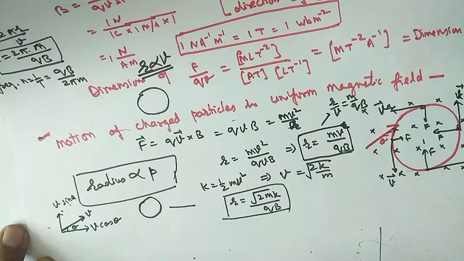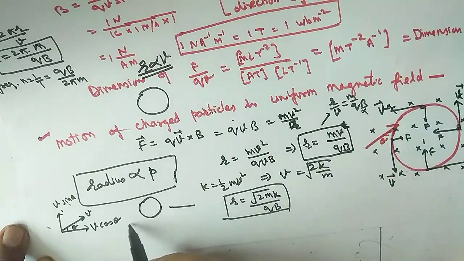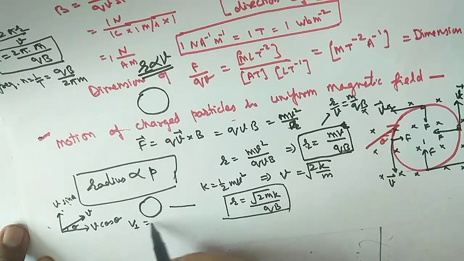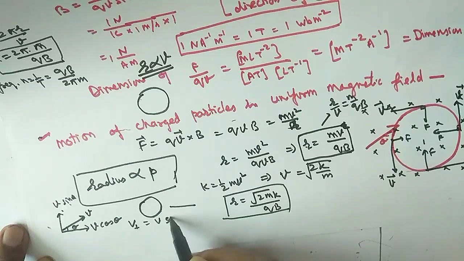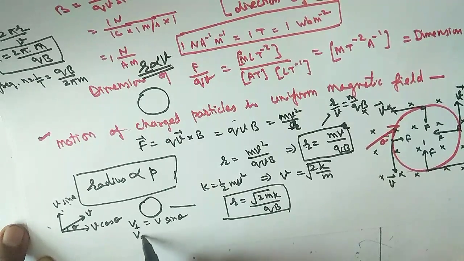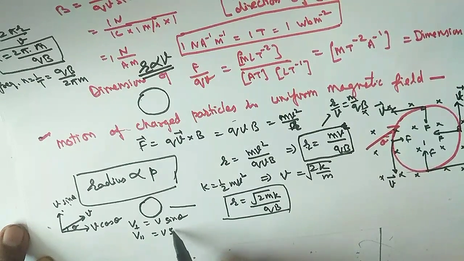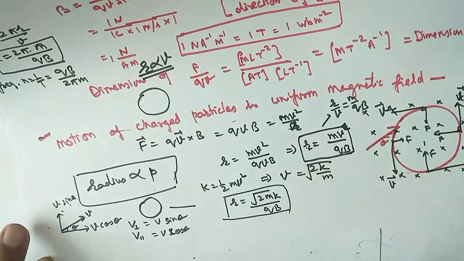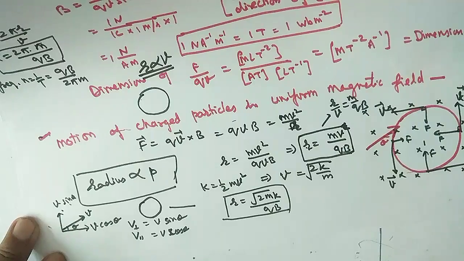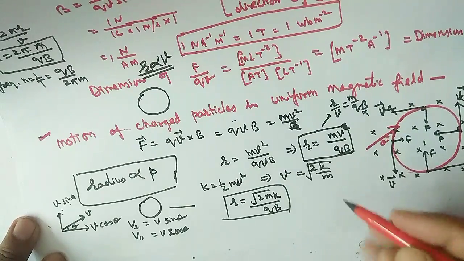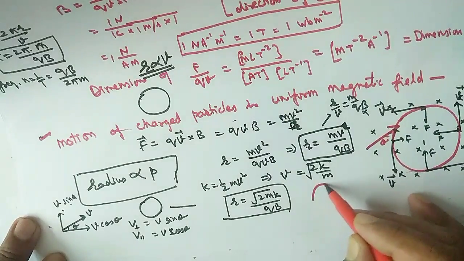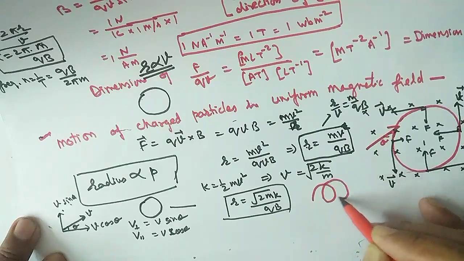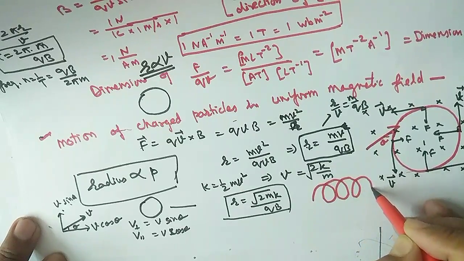So the two components are V perpendicular, which is V sin theta, and V parallel, which is V cos theta. And the resultant of these two will be a helical path, like this.